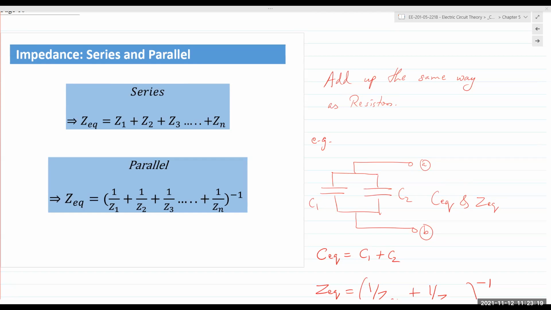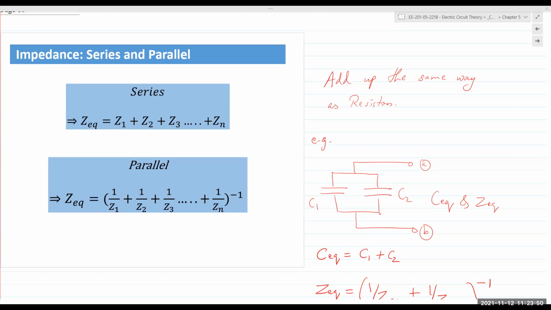Any questions? Yes. Absolutely. That is going to be my next point. We have resistors, inductors, and capacitors, 3 different components. If you have them in series or in parallel, we cannot combine them, right? We cannot say inductor plus capacitor equals 1 inductor or 1 capacitor, 1 resistor. But we can combine their impedances together.